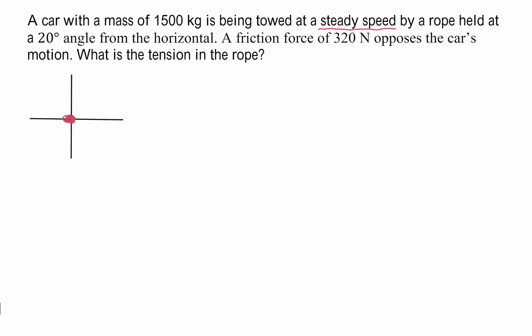Obviously we're going to have the weight vector down. This is probably not going to work out so well, but we'll see. Maybe I'll get better as we go. Okay, weight vector down. And because it's on the ground and we have a weight vector down, we must have a normal vector up. Okay, normal vector up.